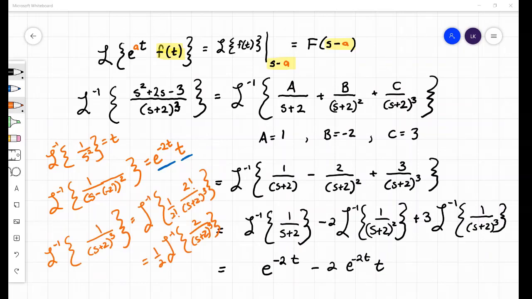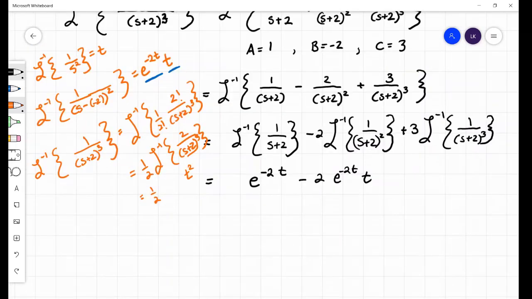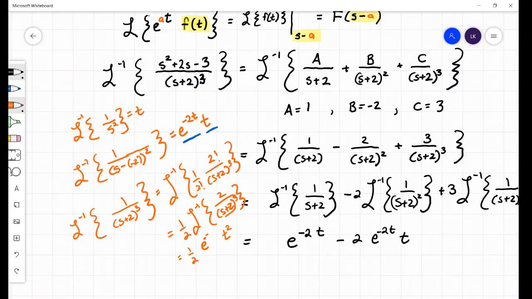Now the inverse Laplace of 1 over s plus 2 cubed. So we multiply the top and bottom by 2 factorial, or 2, take out the 1/2, and then we recognize that the inverse Laplace of 2 over a linear factor cubed would give us t squared, but because we don't have s here, but rather s shifted over by negative 2, we have to multiply by e to the negative 2t to account for that shift.